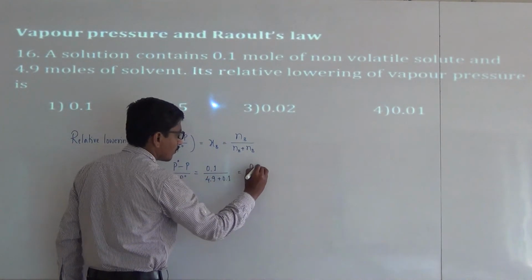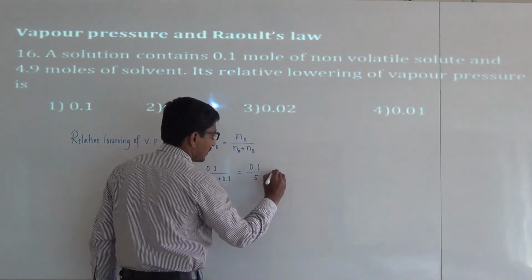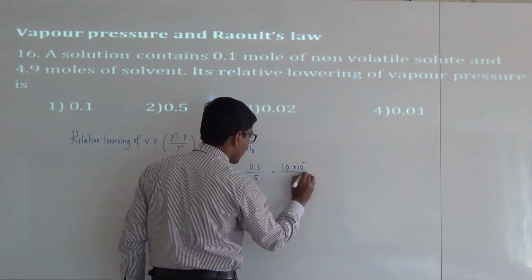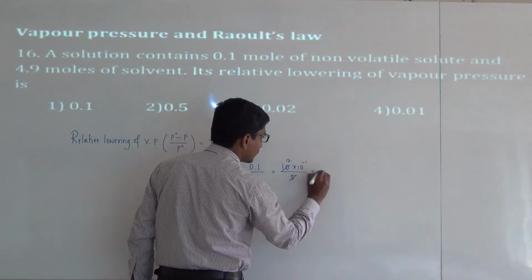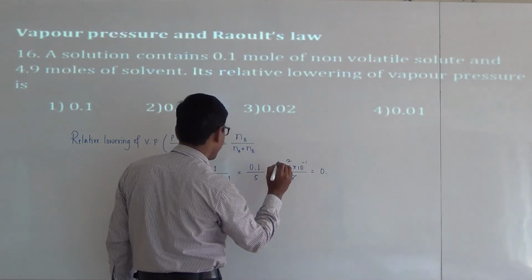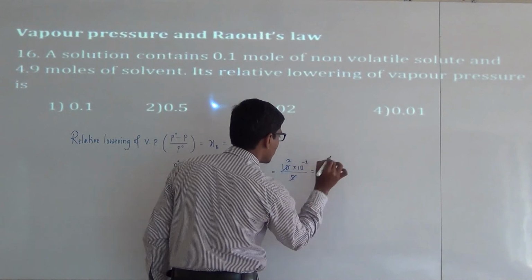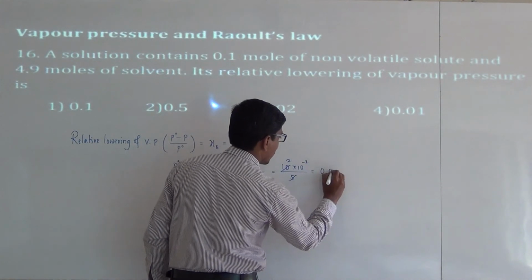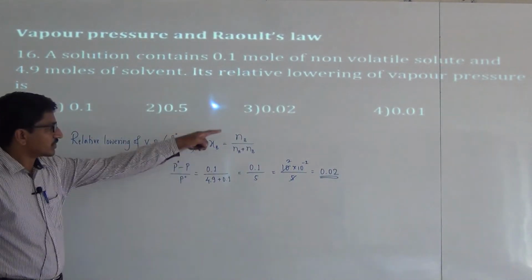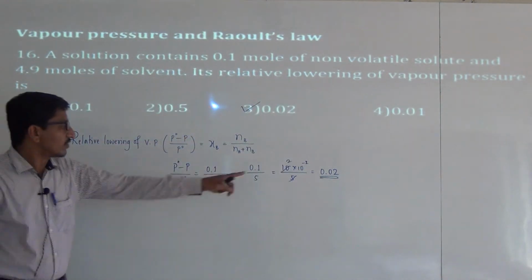This is equal to 0.1 divided by 5, which is 10 into 10 raised to minus 1 divided by 5. This is 2 into 10 raised to minus 2, so 0.02 is the relative lowering of vapor pressure. Option third one is the right answer.